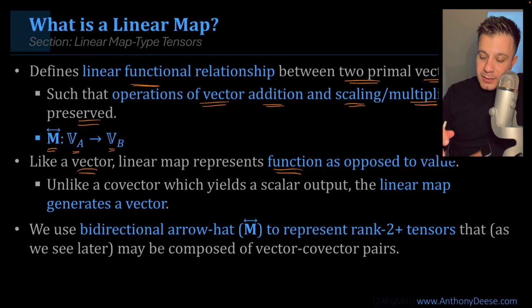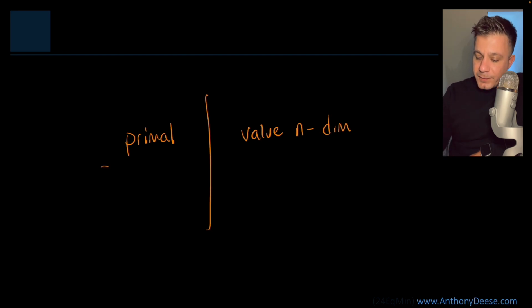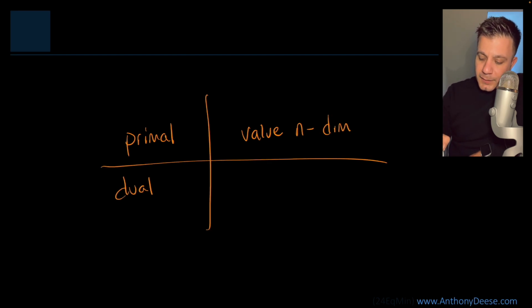So if I were to create a little table here, so far we've seen the primal vector predominantly represents some value in the n-dimensional space. The dual vector, which we're going to see later on, could also be called a linear form.